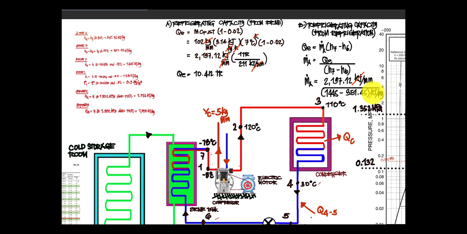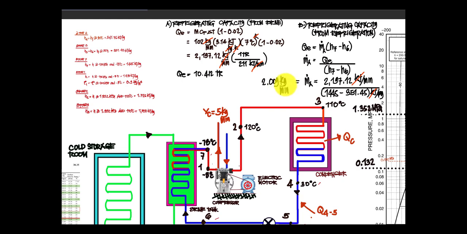What is left will be kilogram per minute. I'm going to equate this now. Since we don't have space here, using your calculator, we have the value equal to 2.009009. The units will be kilogram per minute.